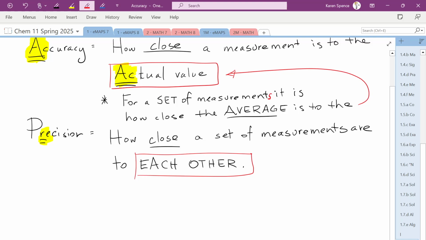Accuracy, how close to the actual value. Precision, how close the measurements are to each other. The reason I underlined the re is because it is how reproducible the measurements are. Can you reproduce the same data, or are you getting things that are wildly different?